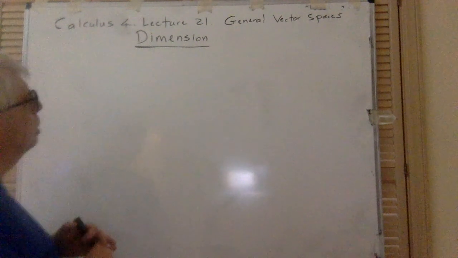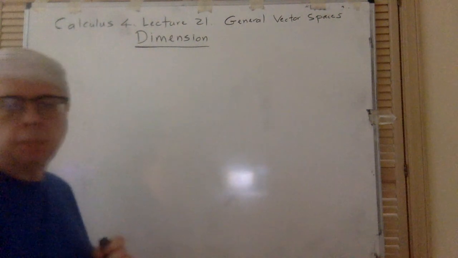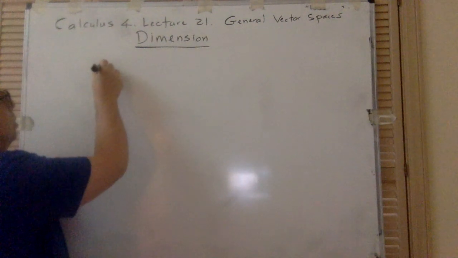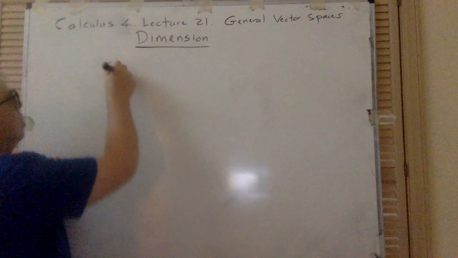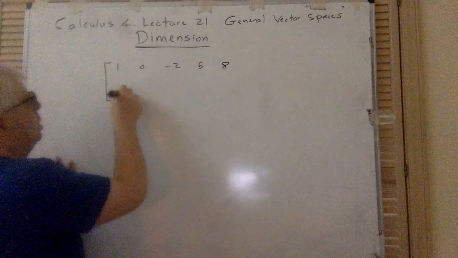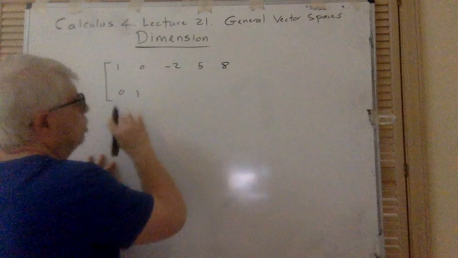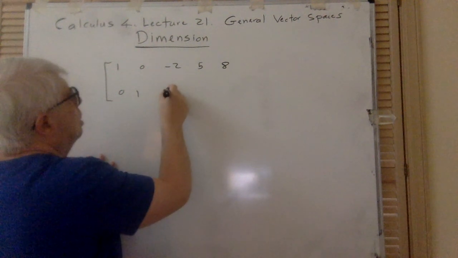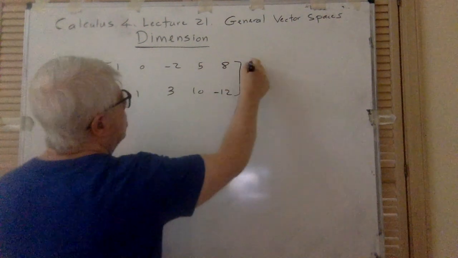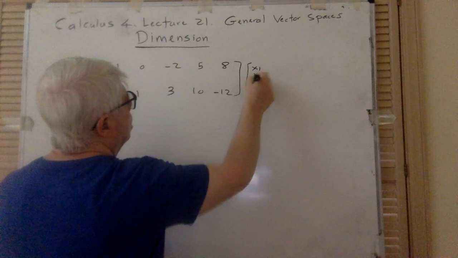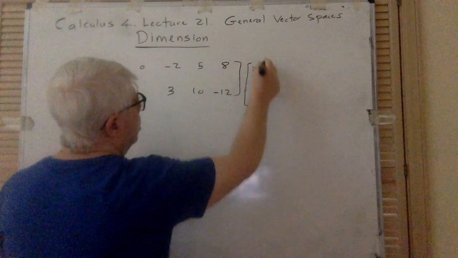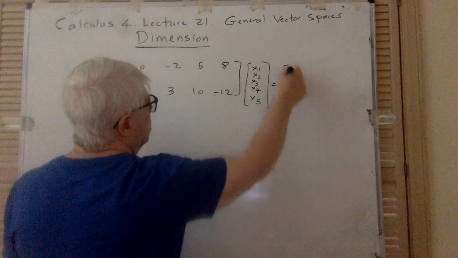So let's look at the dimension of the solution space of some system of equations. Let's go back to the system which I had: 1, 0, say minus 2, 5, 8, and 0, 1, and this is reduced, so you should reduce it anyway, and say 3, 10, and negative 12, times x1, x2, x3, x4, and x5 is 0, 0.